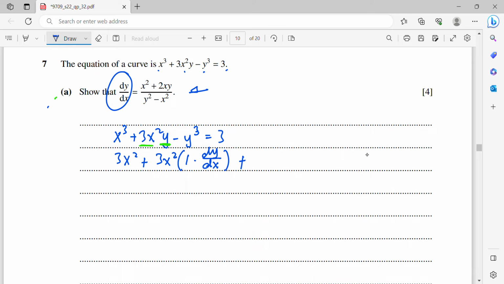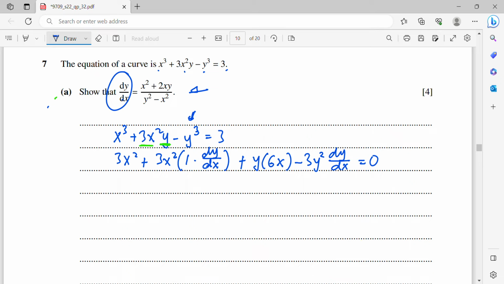Plus, keep the y, differentiate 3x squared, it becomes 6x. Then the third term, negative y cubed. When you differentiate negative y cubed with respect to x, you will get negative 3y squared multiplied by dy dx. Then the right hand side will be 0 because it's a constant.